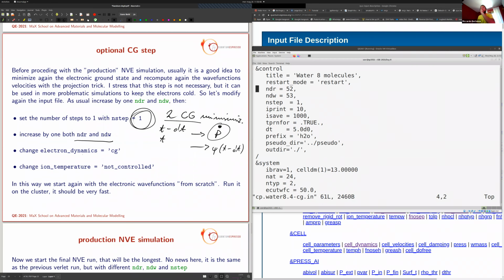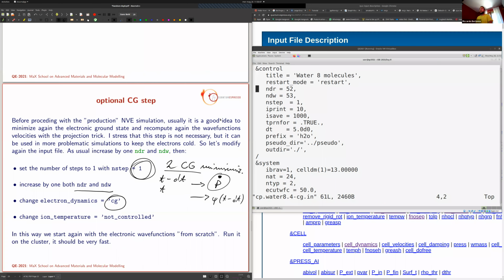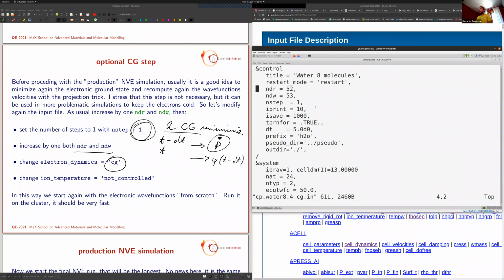I do again conjugate gradient for the electrons, so no Verlet algorithm, no Car-Parrinello. We are doing a Born-Oppenheimer for only one step, and ion temperature not controlled. So I switched off also the Nose-Hoover thermostat. Okay, so we do another minimization.